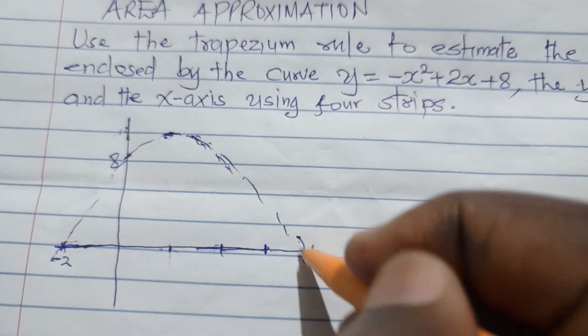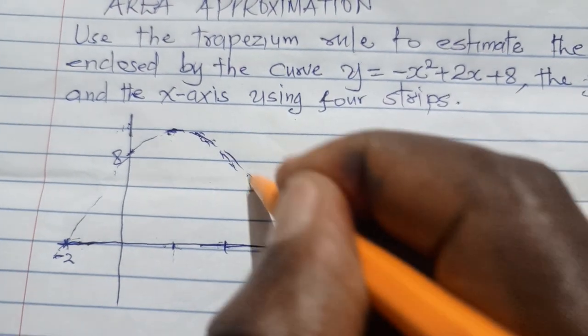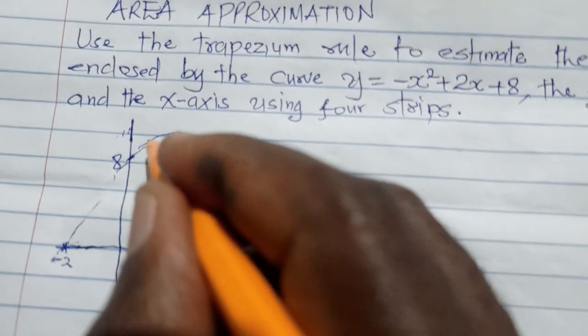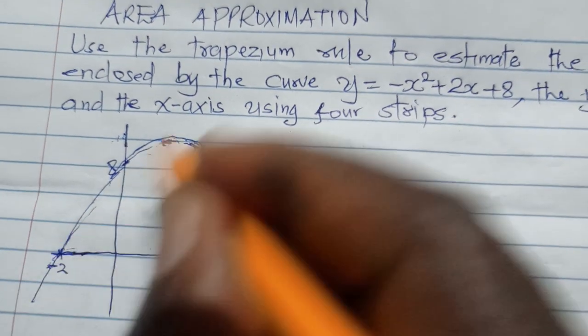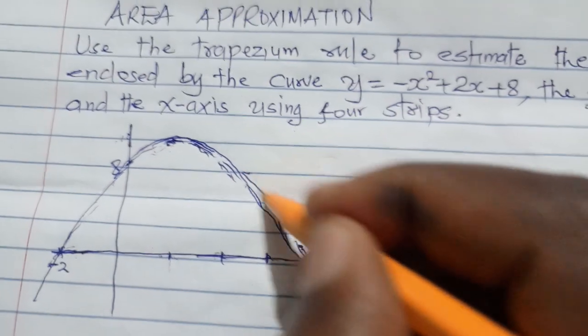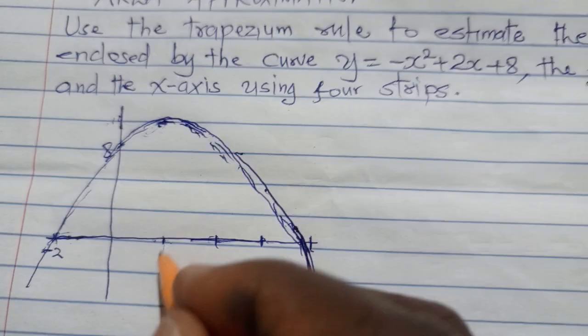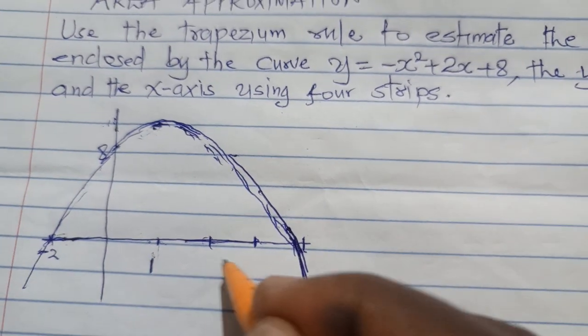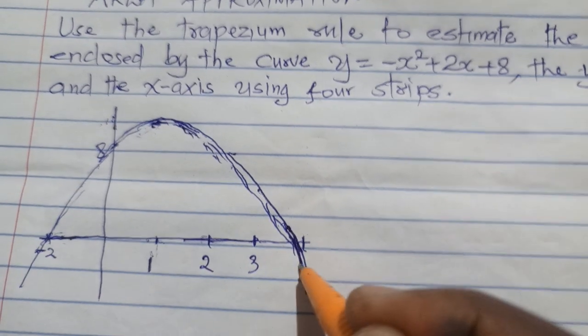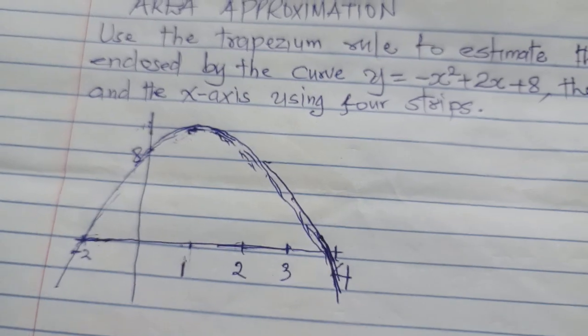So if you draw something like this, a curve like this, a sketch, so that we have 1, 2, 3, and 4.